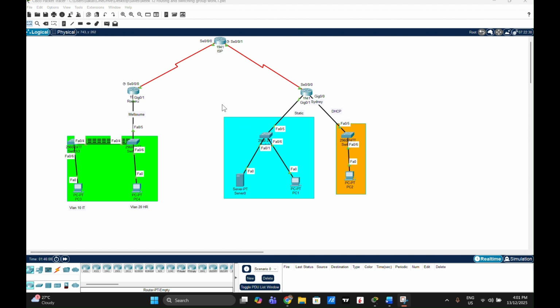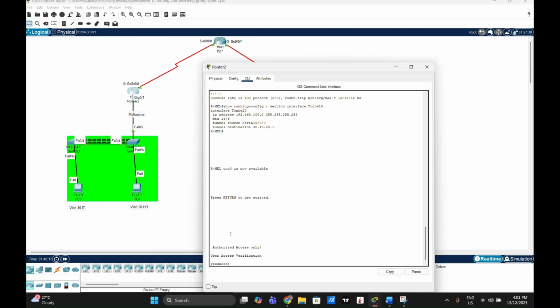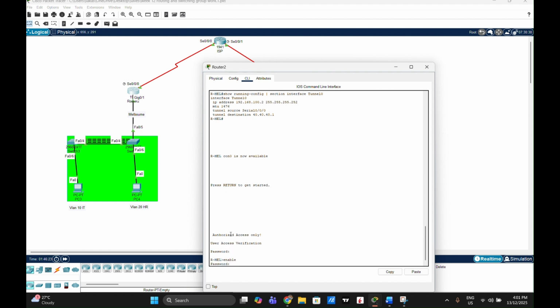So now we are going to show the GRE verification. Now I will verify that the GRE tunnel is working. So let me type the password Cisco, enable, and show interface tunnel 0.